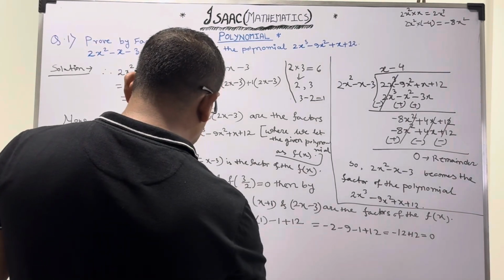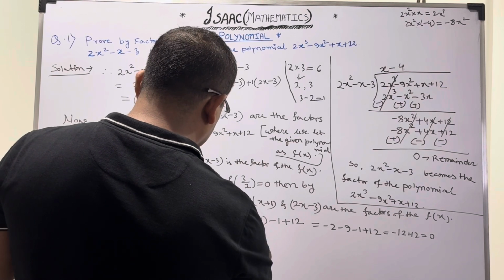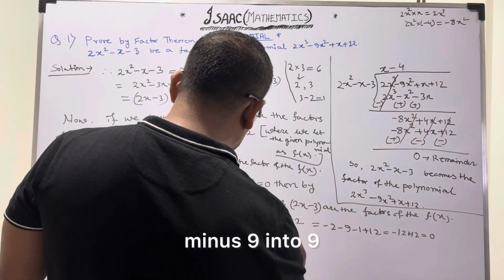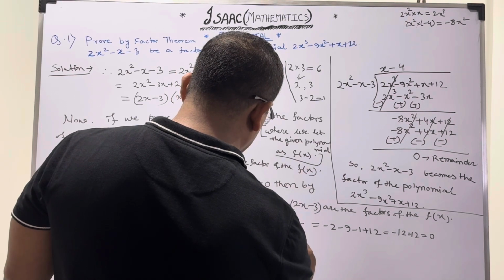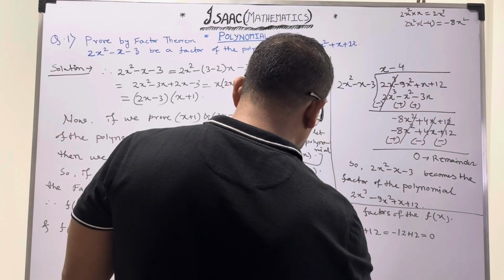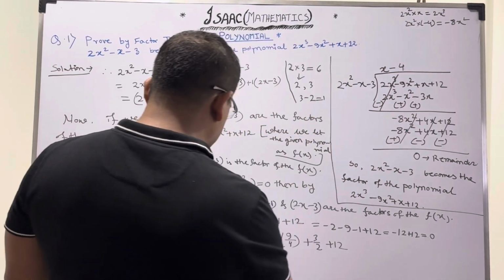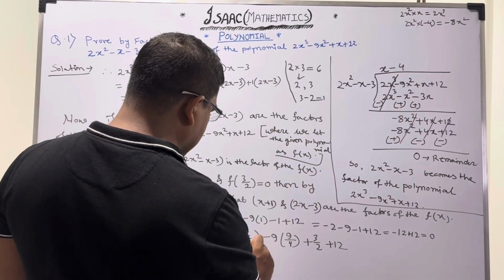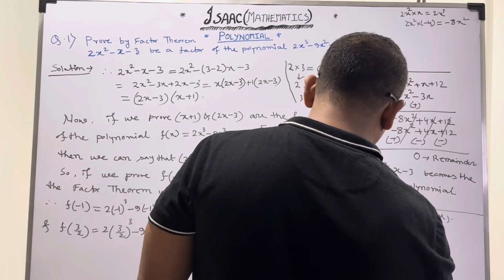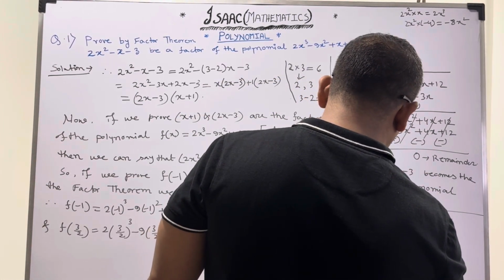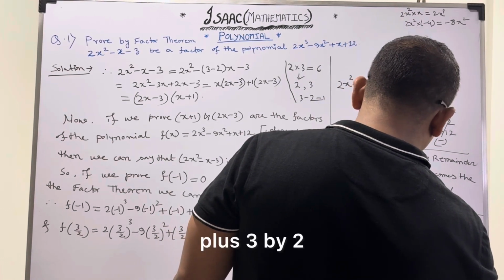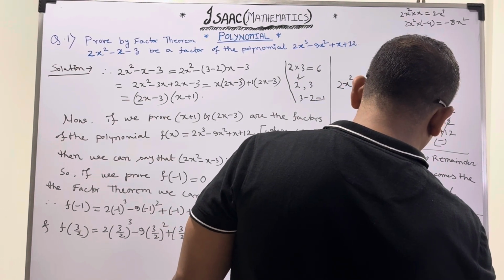This will give 2 into 27 by 8 minus 9 into 9 by 4 plus 3 by 2 plus 12. We can cancel 2 and 8, and after cancelling we have 27 by 4 minus 81 by 4 plus 3 by 2 plus 12.